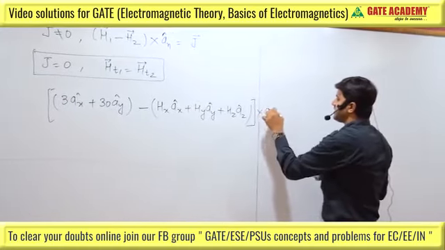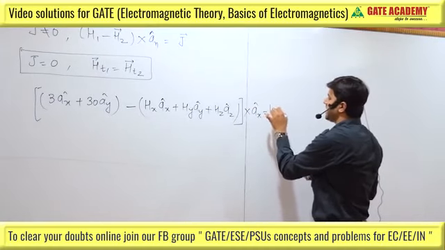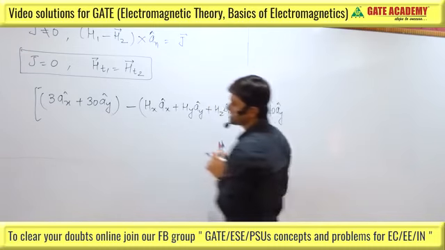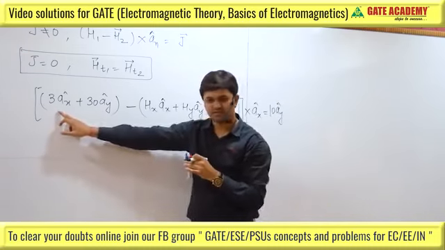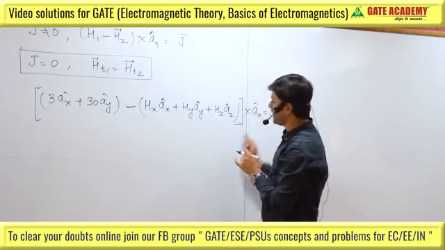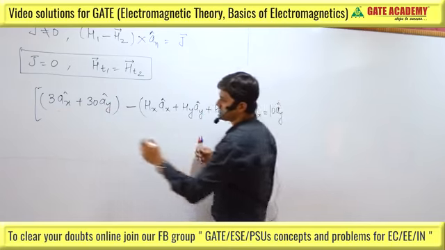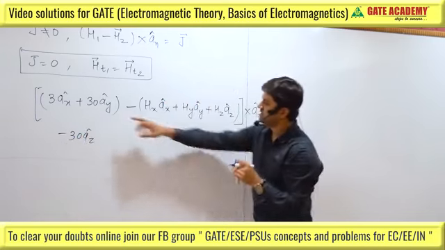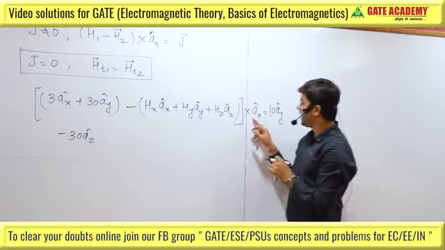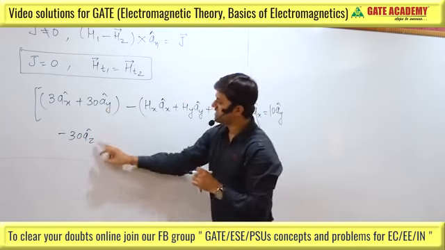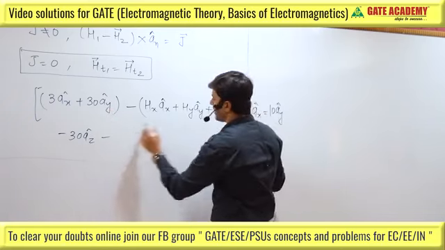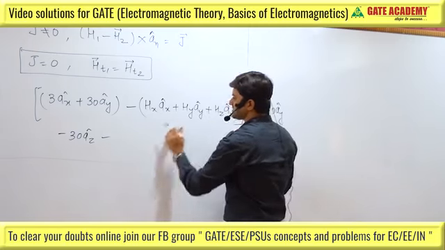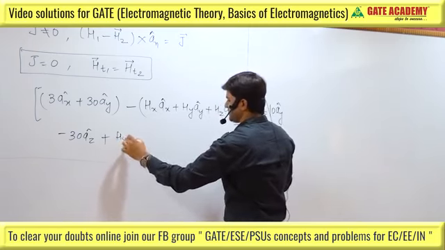Cross ax equals 10 ay. If we take the cross product, x cross x will go to 0, and y cross x is minus az. Because of this minus, this will be plus Hy az.